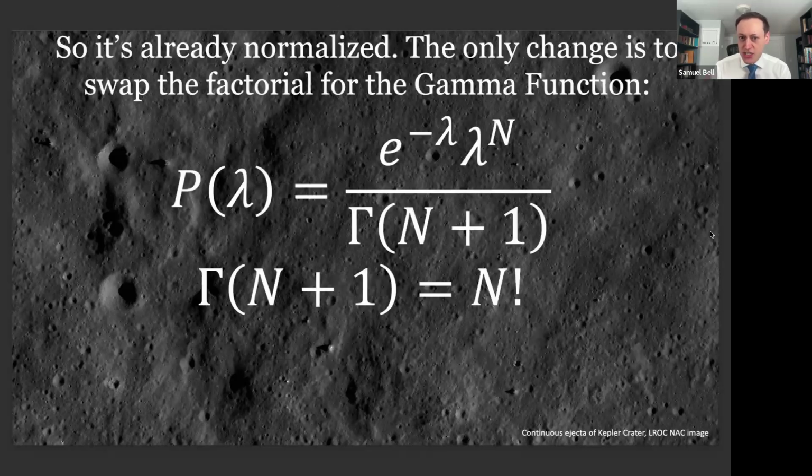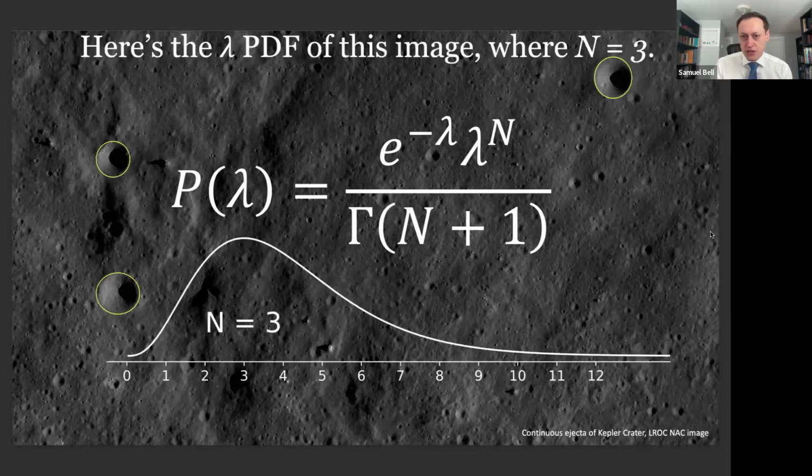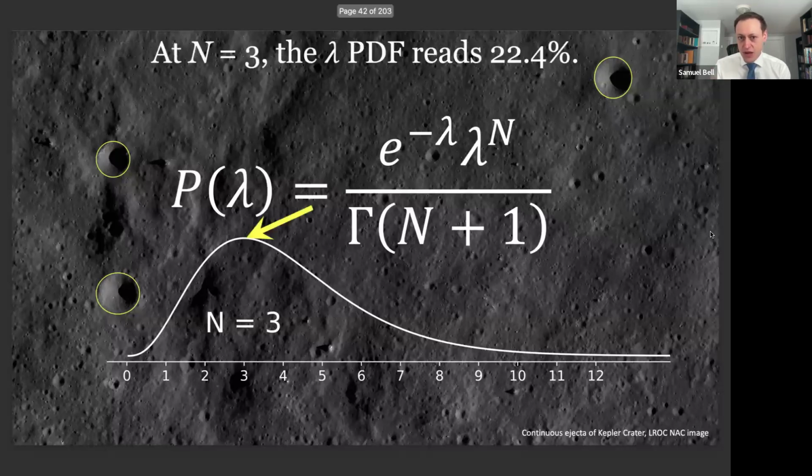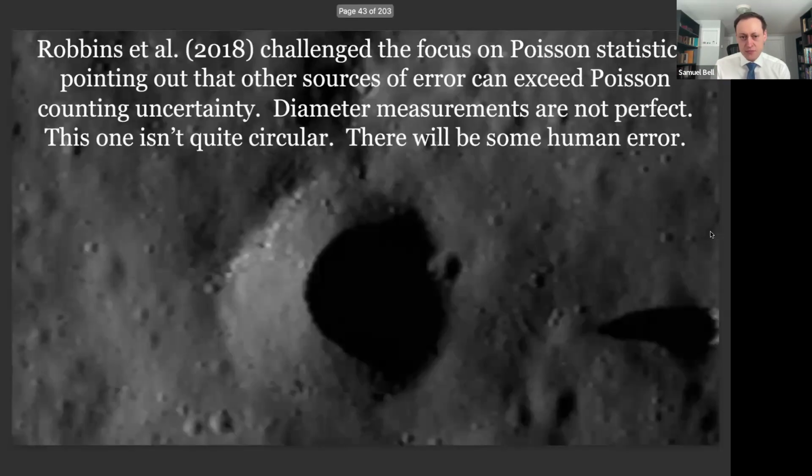The only change is to swap the factorial for the gamma function. And the gamma function is a continuous extrapolation of the factorial where gamma of n plus 1 is n factorial. Here's the lambda PDF of this image, where n is 3. At n of 3, the lambda PDF reads 22.4%.